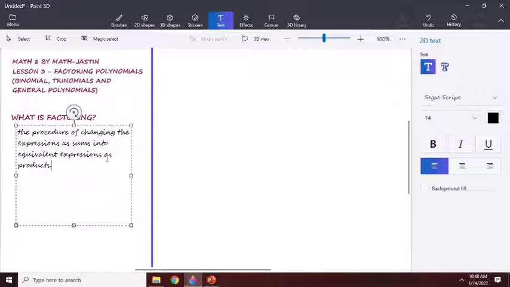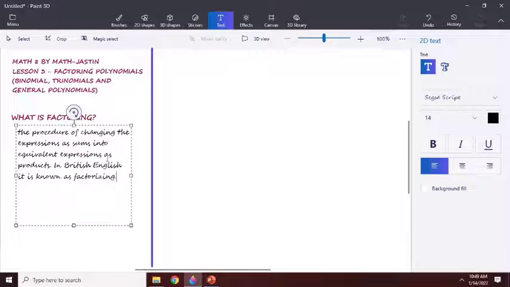Meaning, it is the opposite of multiplication. In multiplication we are given the factors and we look for the product; in factoring we find the factors, how they got that product, or the answer in multiplication. In British English, it is known as factorizing. So, factoring means finding the factors of a given product.